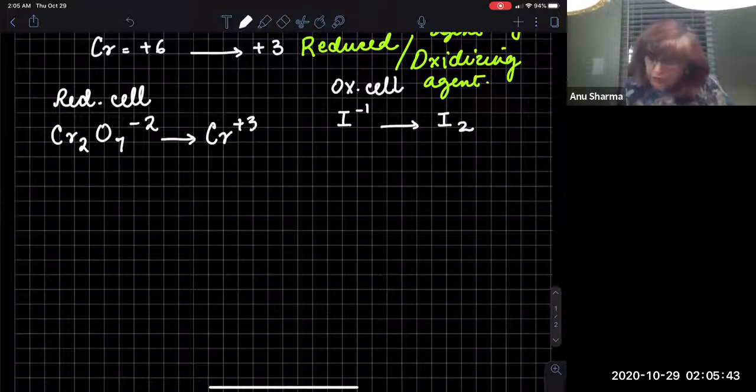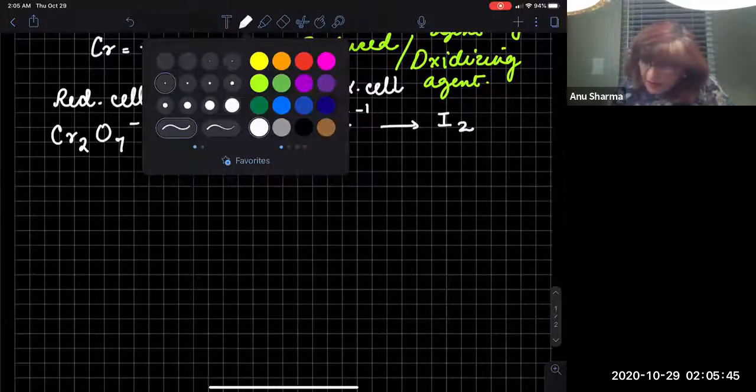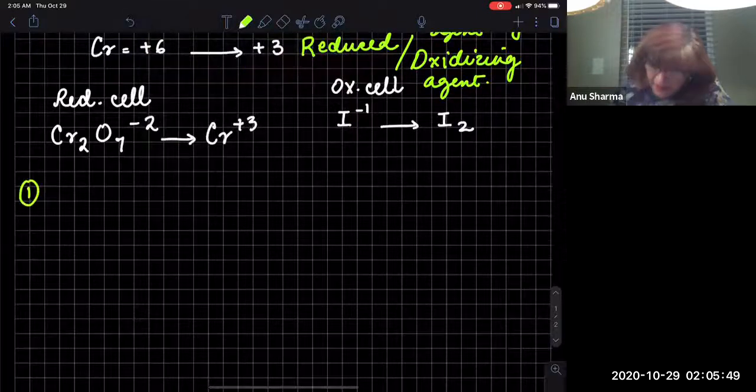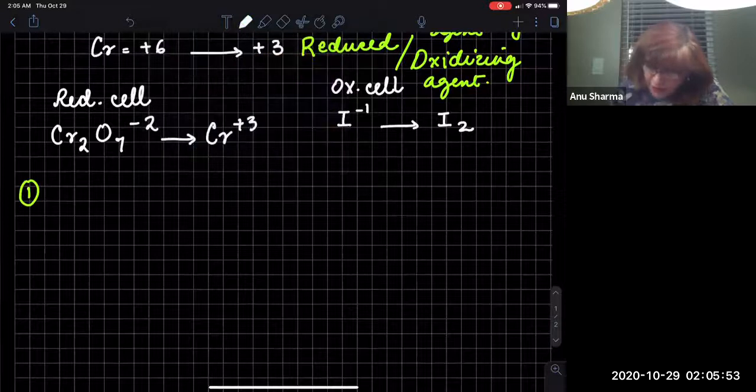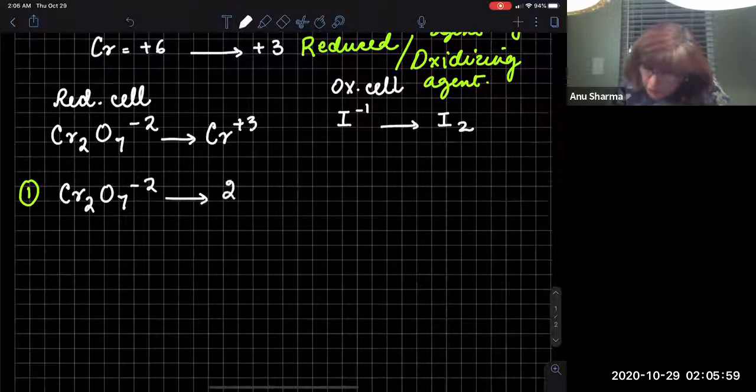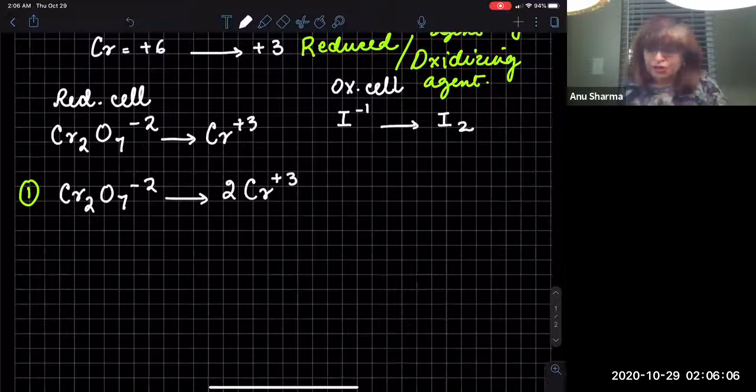Now we are going to balance. So start balancing now. First balance the chromium, which is non-oxygen and non-hydrogen. So here you have Cr2O7 -2. You are going to put 2 here, and this becomes 2 Cr +3. And iodine, we don't need to touch yet.